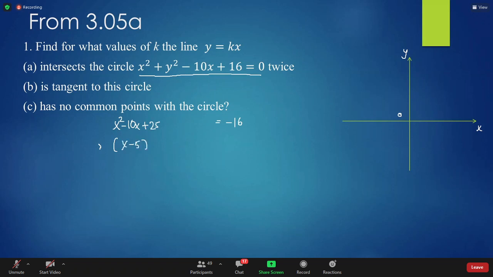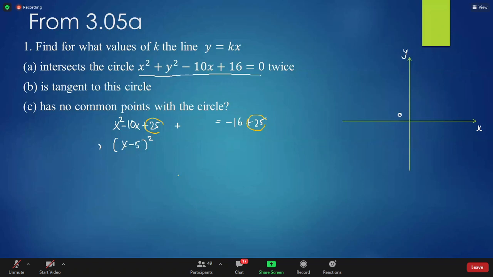On the right-hand side, I add 25 as well, because 25 by itself was not present in the given equation. If I add something extra, I add it to both sides. And then I have simply plus y squared.